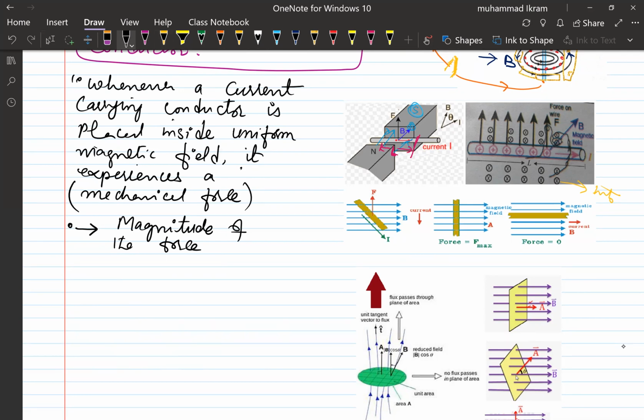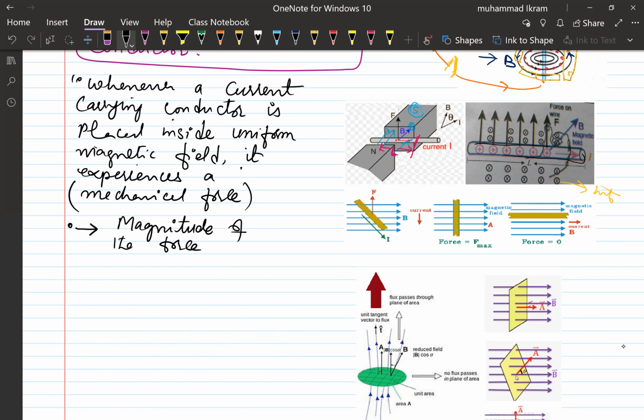This is a current carrying conductor, and we use the conventional current direction for positive charges. The direction of the force is shown. So if you apply the Fleming left hand rule just like this, as they have done, then you can find the direction of the force.